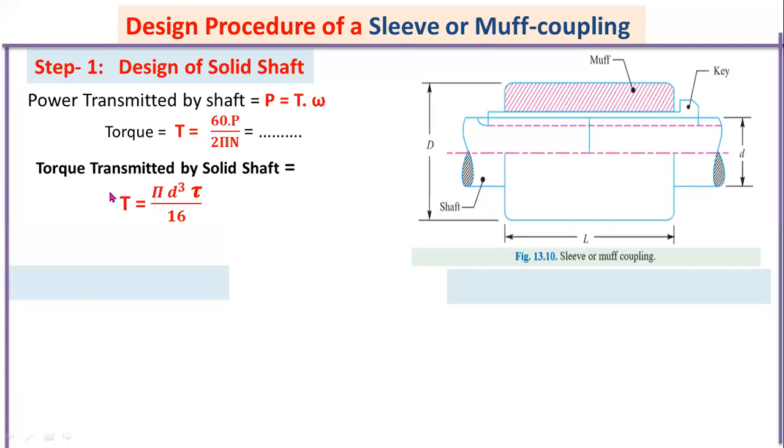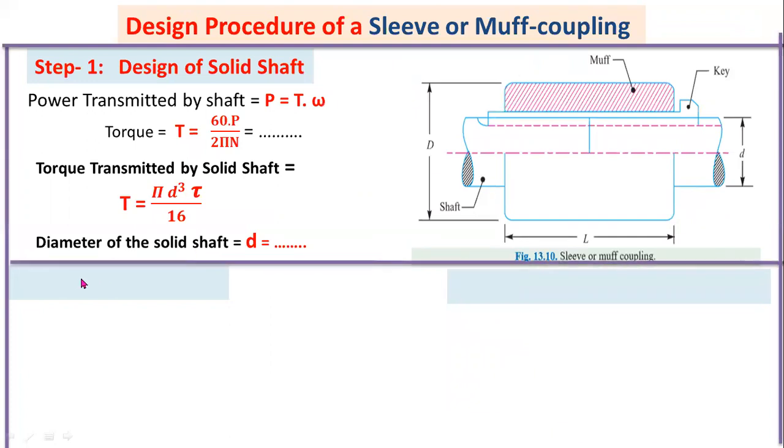From this formula, you can get the suitable diameter of the shaft. From the equation, torque T equals 60 P by 2 pi n, we can get the value of mean torque. After getting the mean torque, you have to substitute this value in this equation, and you can get the value of the outer diameter of the solid shaft. So this is the required diameter of the solid shaft.